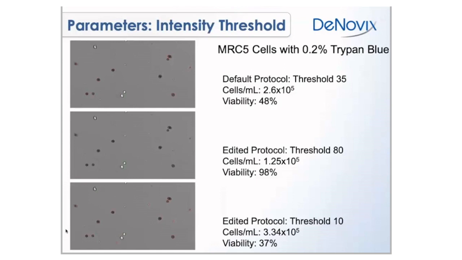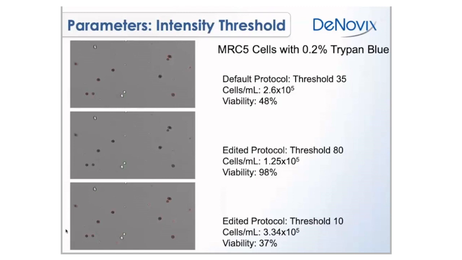Your viability percent now goes to almost 100 just by changing that one number, and your cells per mil gets cut in half. And then bringing that way down the other way, down to 10, your viability goes down to 37%, and your cells per mil goes way up. So a lot of things are getting counted as cells now.